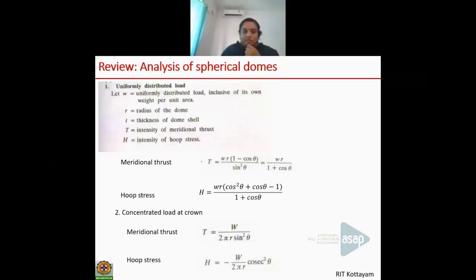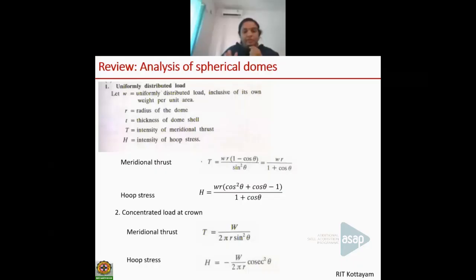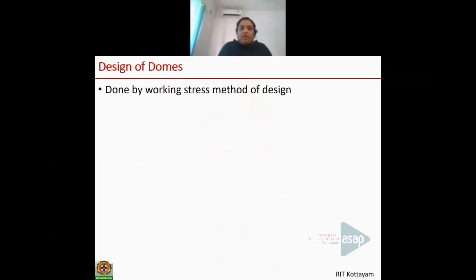These are the formulas that we have seen. I have already told you, sometimes the analysis might be asked, but you have to remember these formulas for solving the problem. The design of dome is normally done using the working stress method of design.